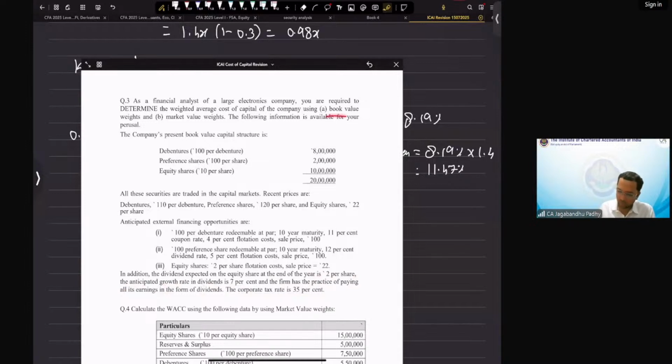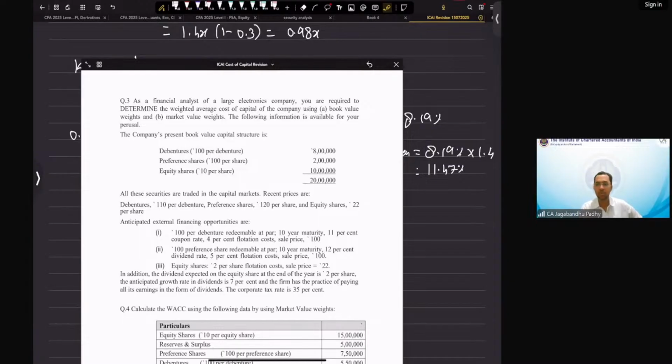You have to calculate the cost of capital using book value and market value weights. So for that we need to get the individual costs, cost of debenture, cost of preference.